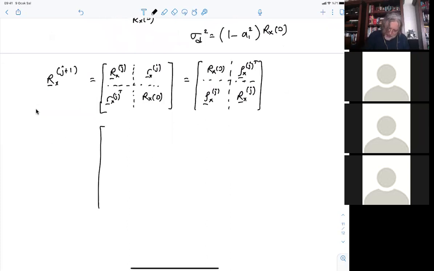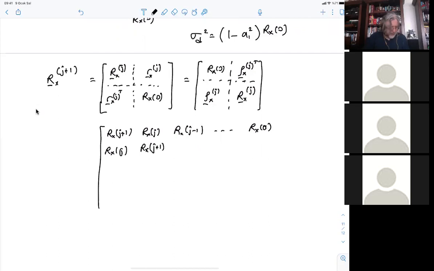it looks like this: Rx j plus 1, Rx j, Rx j minus 1, going all the way down to Rx 0. And then I have Rx j, Rx j plus 1.